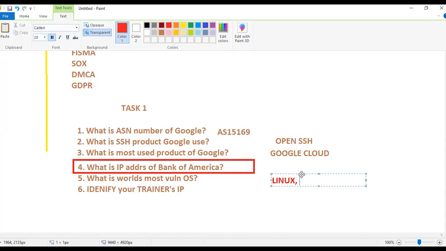Can you tell me what's the world's most secure OS? Mac, Ubuntu. No, also Linux.